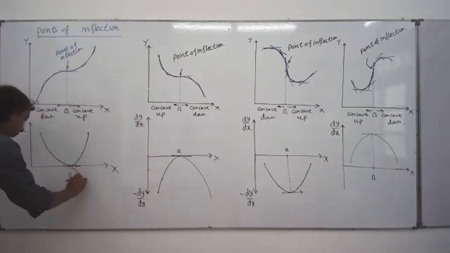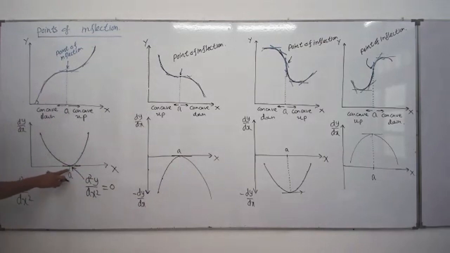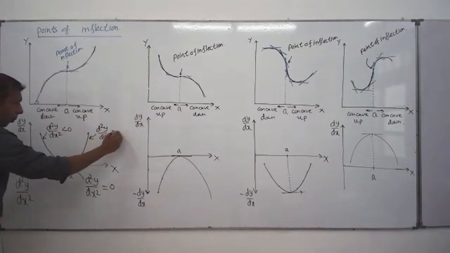Right. Now, people, you have to mark some more things here. At this point, d2y over dx2 0, no? Here, d2y over dx2 negative. This range, d2y over dx2 positive.